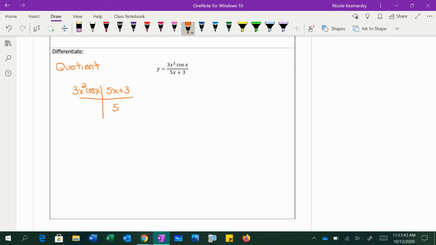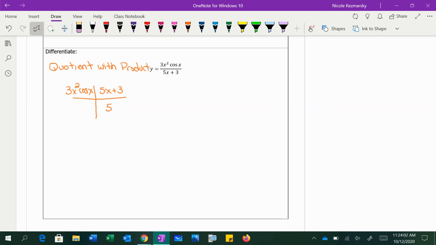However, the box in the upper left has 2 x's in it, and those 2 x's are getting multiplied together. So this is a quotient with a product. So kind of the opposite of what we did with the other one. We did a product with quotient, now we're doing a quotient with product.